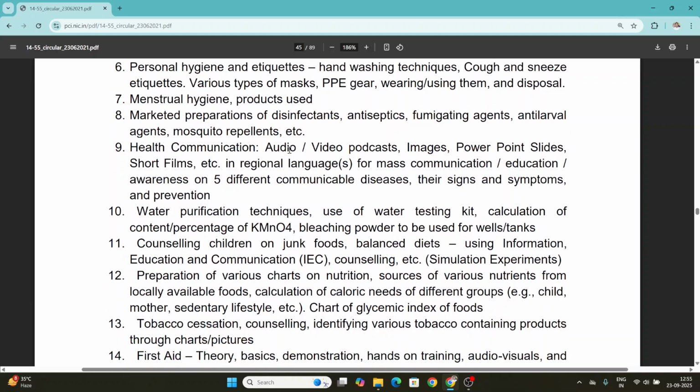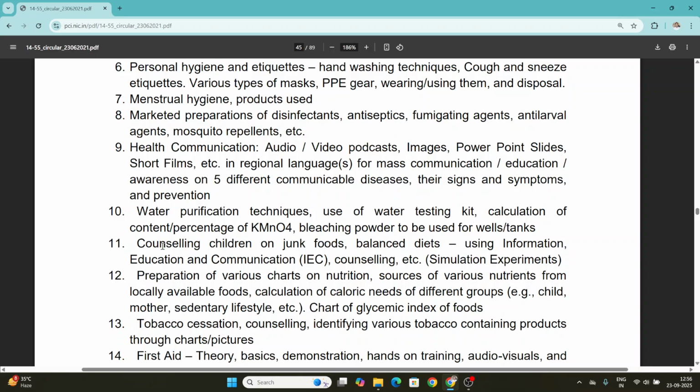9. Health communication: audio, video, podcast, images, PowerPoint slides, short films, etc. in regional languages for mass communication, education, awareness on 5 different communicable diseases, their signs and symptoms, and prevention. Water purification technique, use of water testing kit, calculation of content percentage of KMnO4, bleaching powder to be used for wells, tanks.